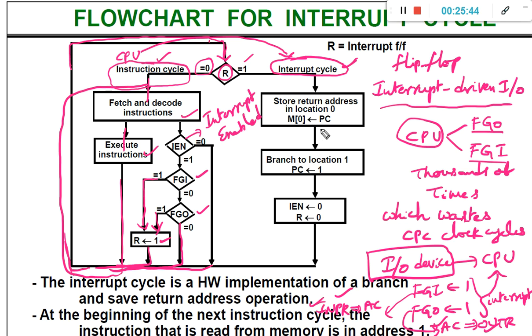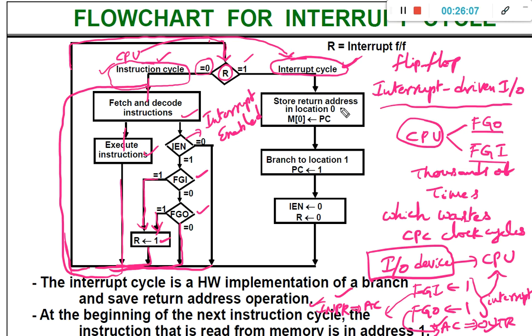However, before actually performing those operations, it needs to store the return address. Why does it need to store the return address? Because after the completion of the interrupt cycle, it once again needs to come back and continue with the instruction cycle. To continue with the previous instruction cycle, it needs to store the return address.